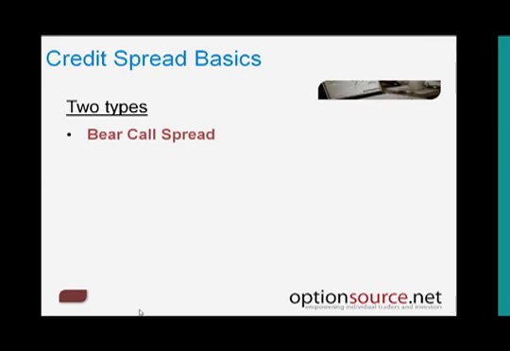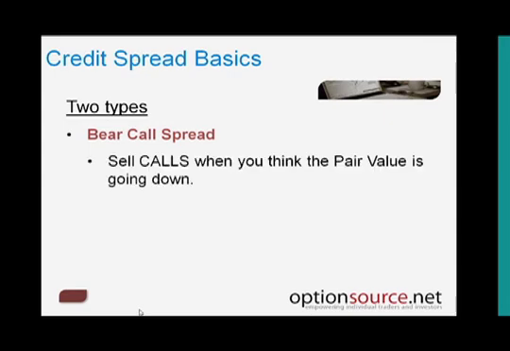So our objective is to sell the call option, recognizing that as the pair value goes down in value, the call option will depreciate and we will ultimately collect that credit. So with a bear call spread, we're selling the call options when we believe that the pair value is going to go down or stay below a specific strike price.